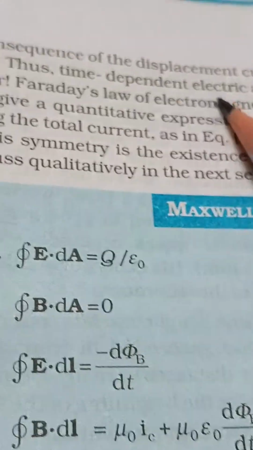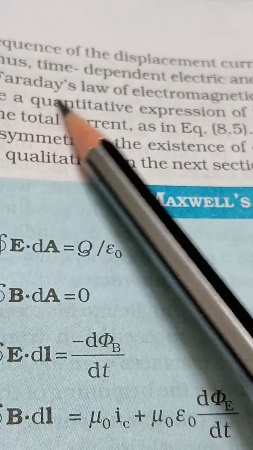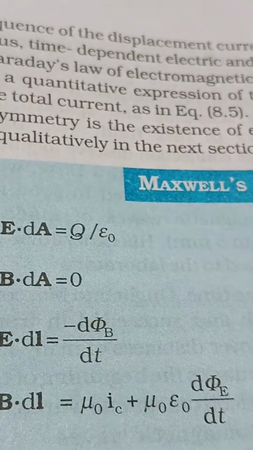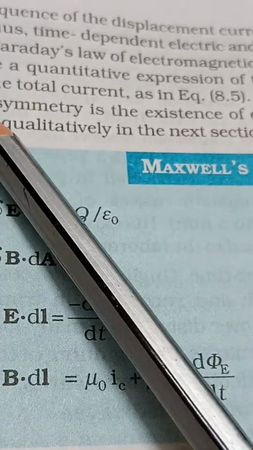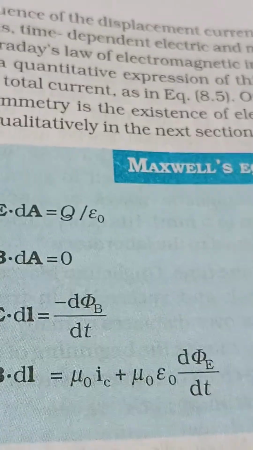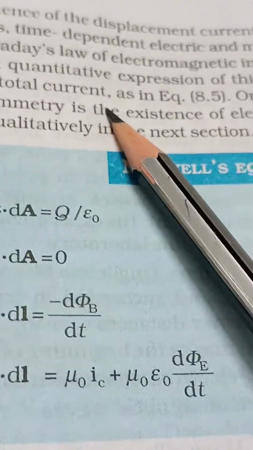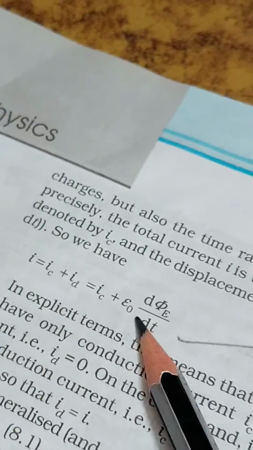Thus, time-dependent electric and magnetic fields give rise to each other. Faraday's law of electromagnetic induction and Ampere-Maxwell law give a quantitative expression of this statement, with the current being the total current as in equation 8.5 we have seen here.